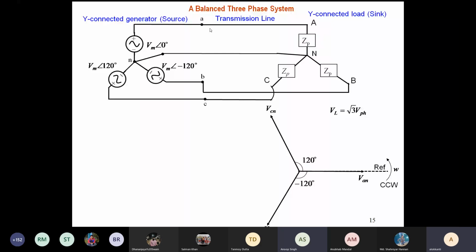So my question was, is it necessary to connect the neutral connection? Without that, it will not work? Without that also it will work, but here since you have a star connected load, there is a point to connect. If it is a delta connected load, you cannot even connect. We will do that type of example also.